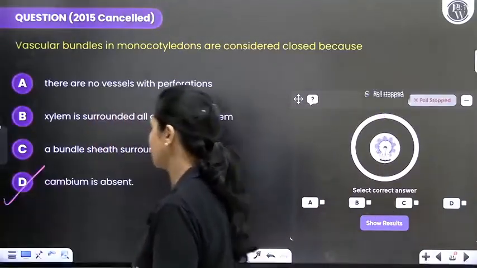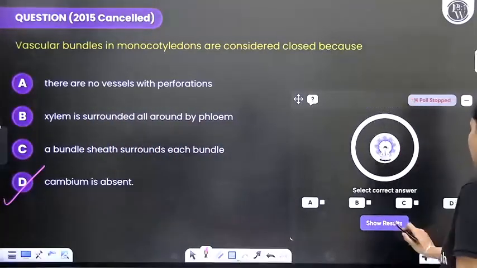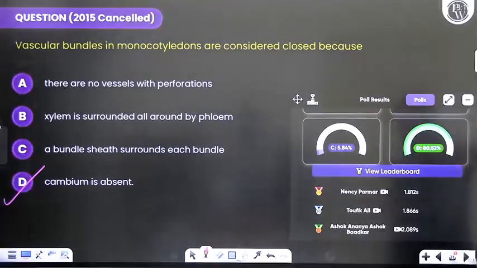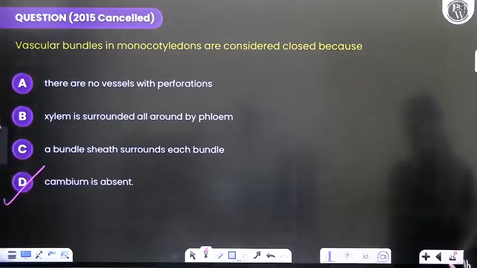If there's no cambium, they're closed for secondary growth. Option D is the correct answer. 80% of you. Nancy is on top. Tough competition between Nancy and Taufik, and then we have Ananya in the top 3.